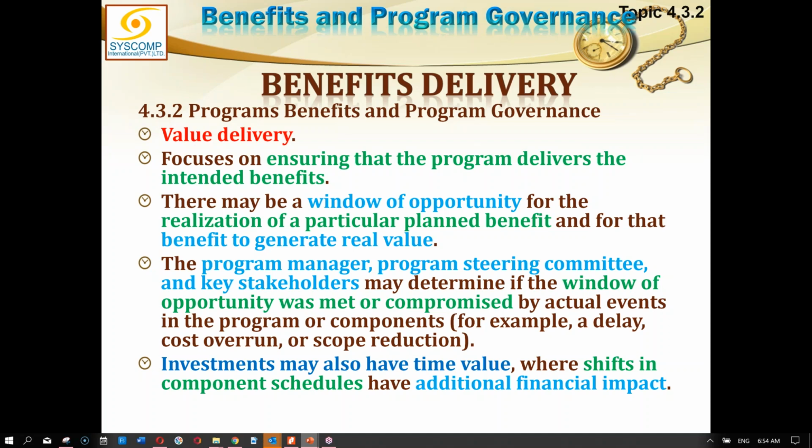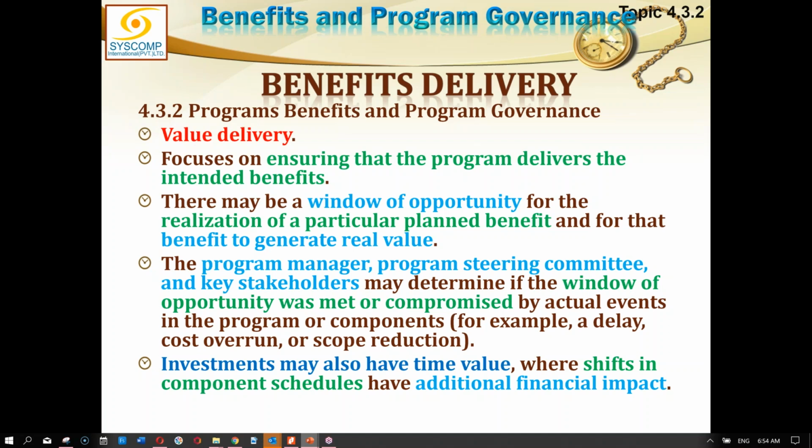The realization is in a specific window of opportunity, so try to exploit that window of opportunity. The program manager, program steering committee, and the key stakeholders may determine if the window of opportunity was met or compromised by actual events in the program or component.